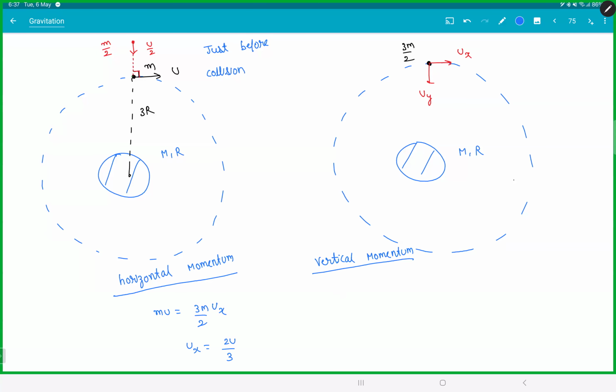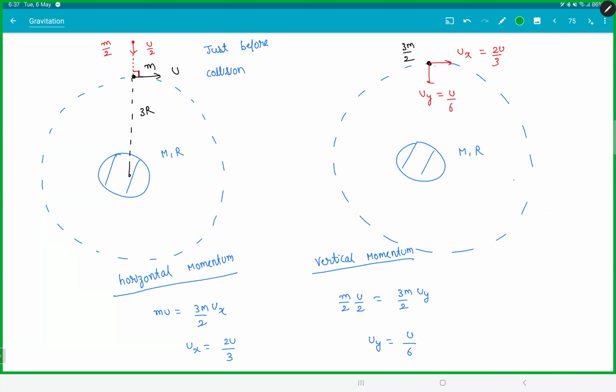The vertical momentum is m/2 times u/2, which equals 3m/2 uy. So uy will be u/6. So just after collision, ux will be 2u/3 and uy will be u/6.